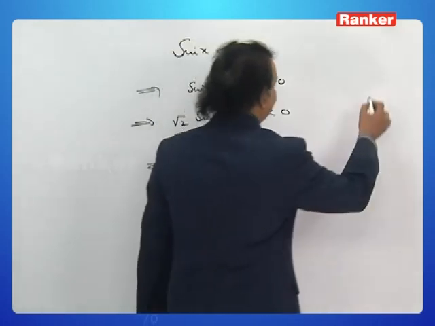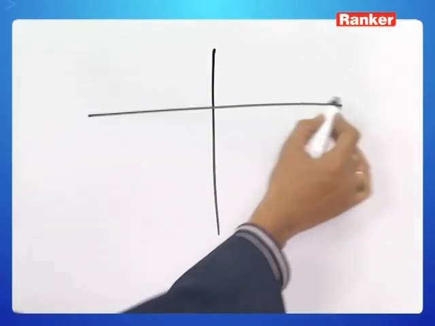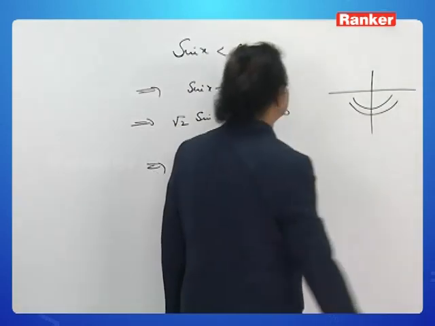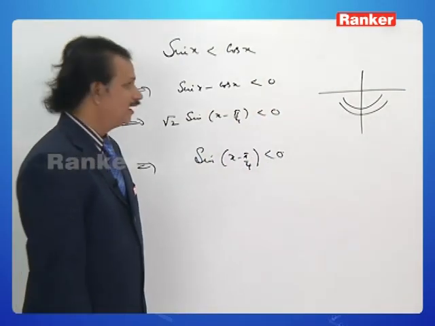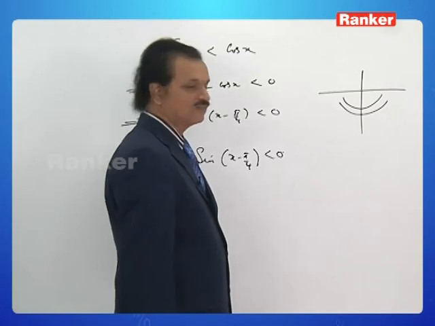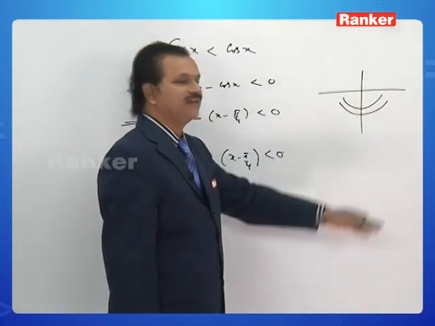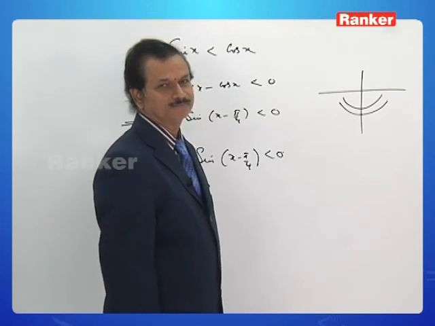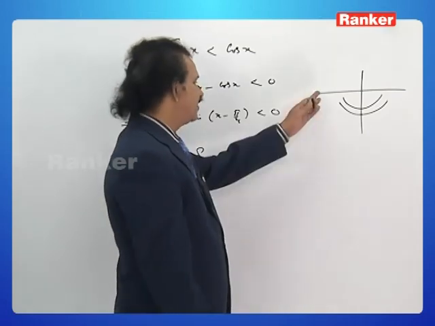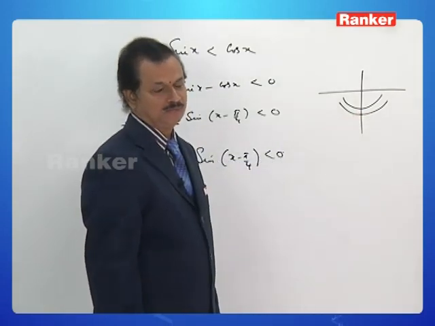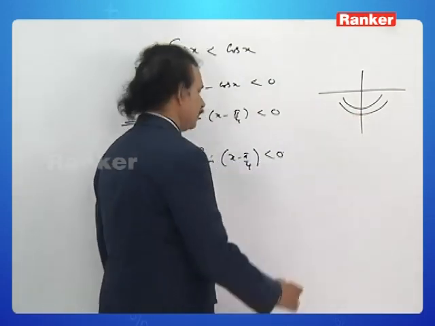Well, where can it be less than 0? Either here or here. Isn't it? You can express it in two ways. In what way? Minus pi less than x less than 0, or 180 degrees, pi less than x less than 2 pi. You can, as you like.